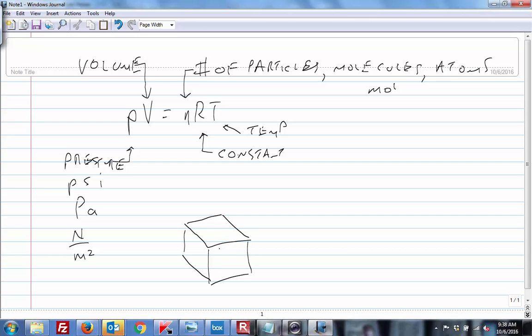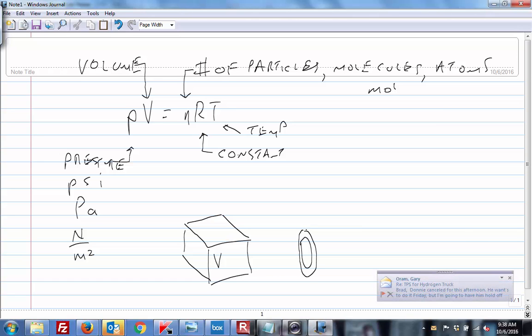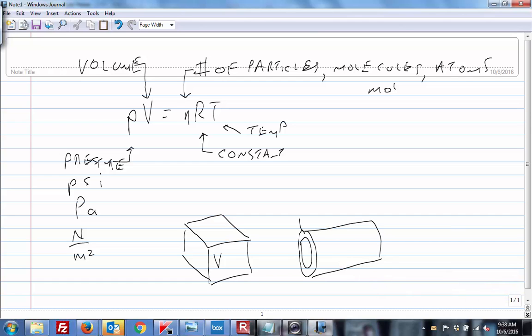So here's your volume, just a box of space. I've drawn it as a box, but you could also imagine it as a cylinder, sort of a tube of air, and that's really what we're doing if we're running a turbine. You could also have a volume inside here. There's also a certain number. I'm just going to draw little dots, sort of count up the number of particles.